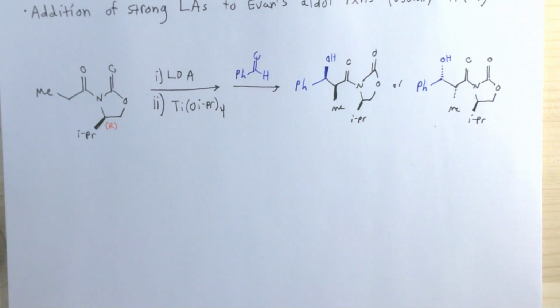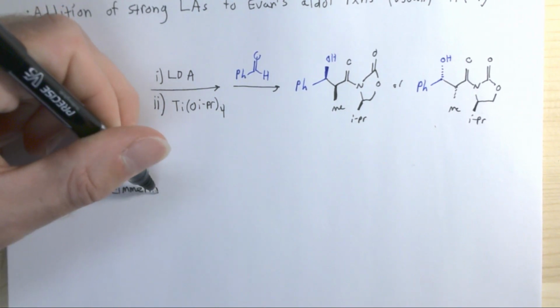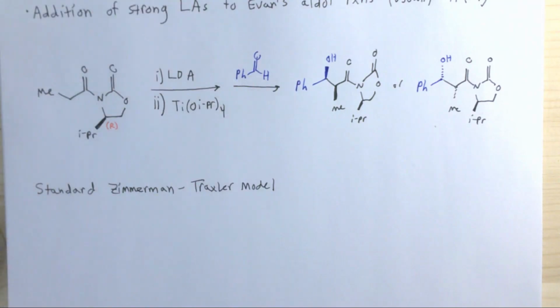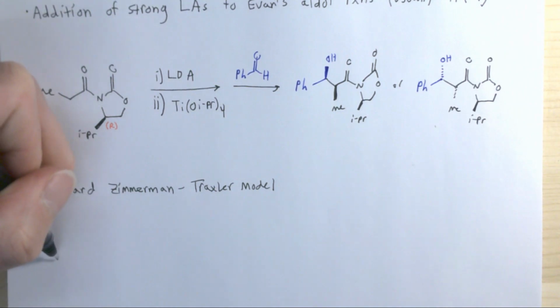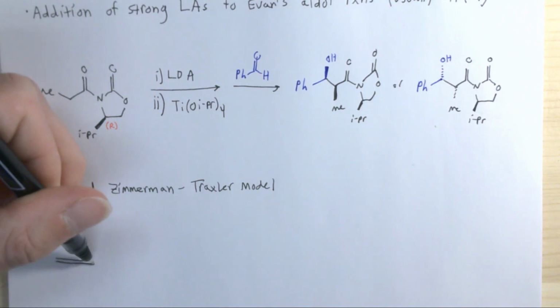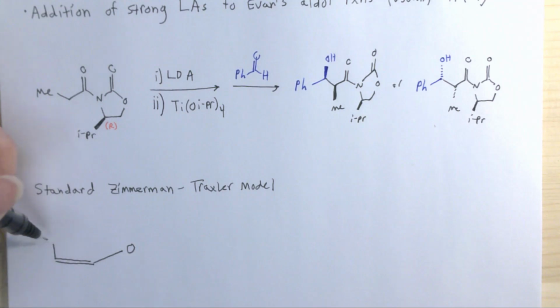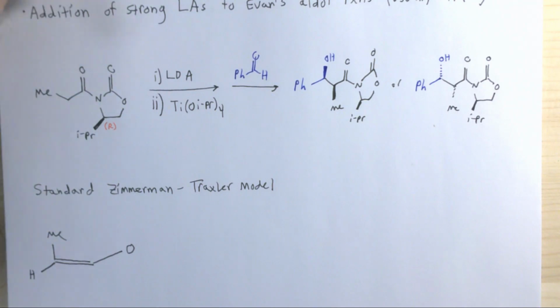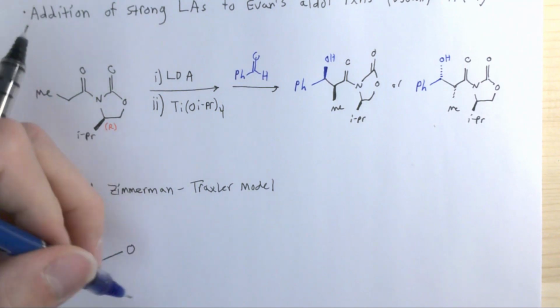So the way I want to explain this is by first looking at the standard Zimmermann-Traxler model. Okay? If I were going to draw this in the standard way, I would draw it like this. This would be coming up to my aldehyde.